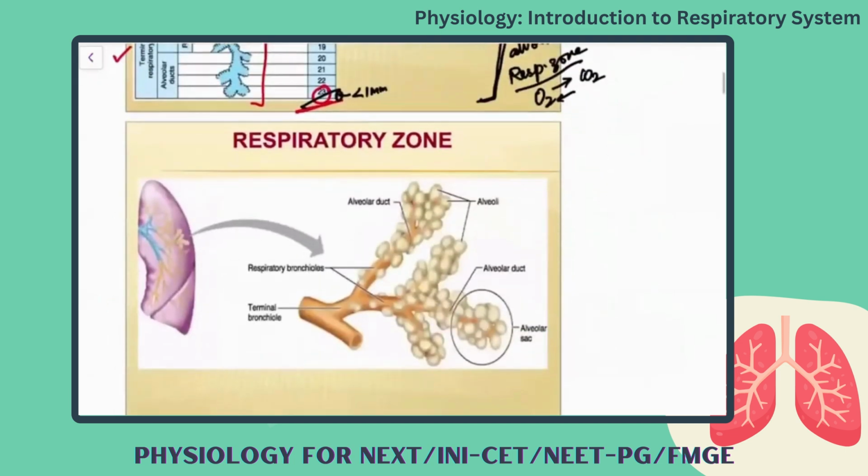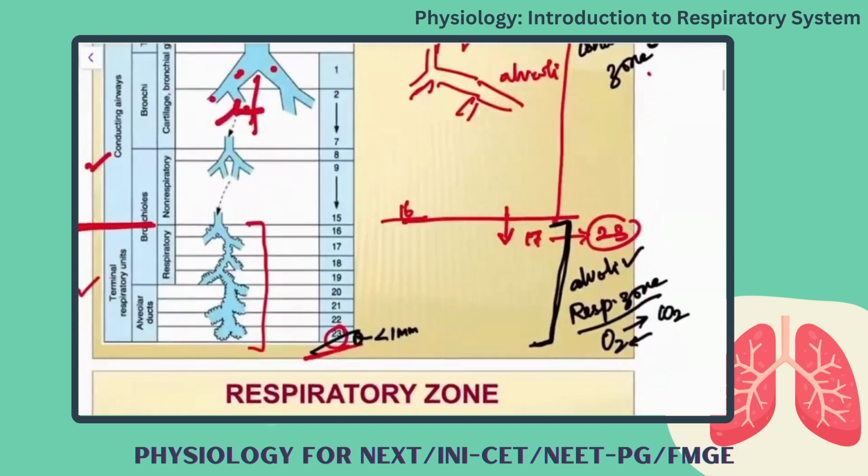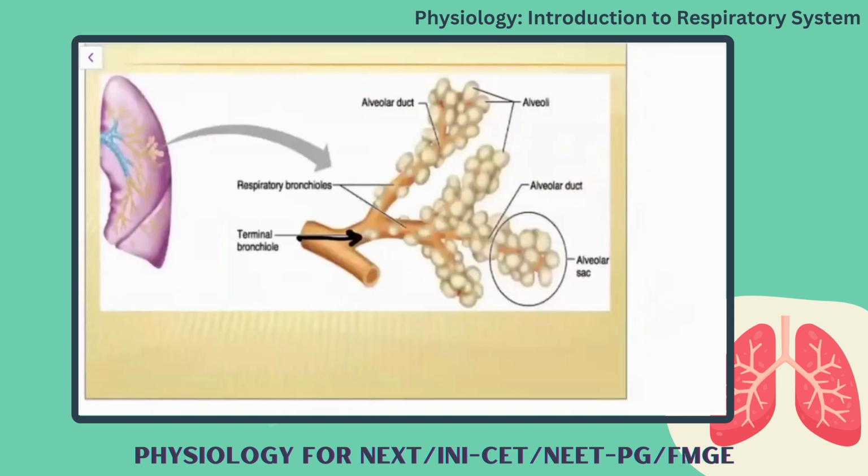Now, elaborately, you can see the three-dimensional pictorial representation of the respiratory zone. Starting from the terminal bronchiole, the 16th division, where the respiratory bronchiole emerges and the alveoli are present. From here onward the bronchioles keep dividing.